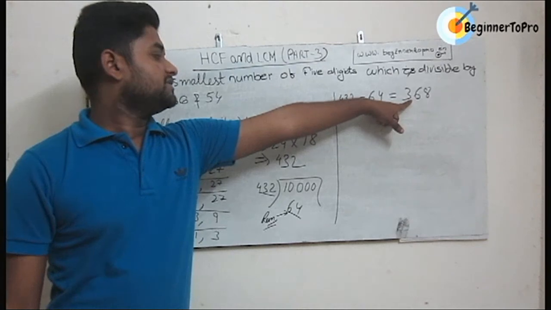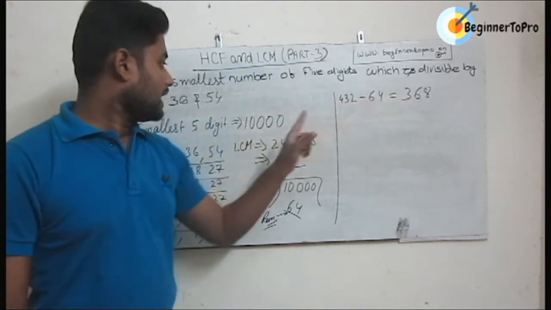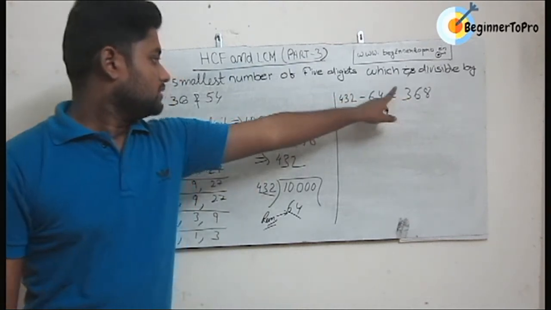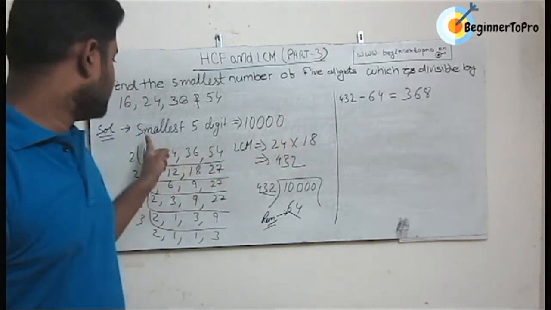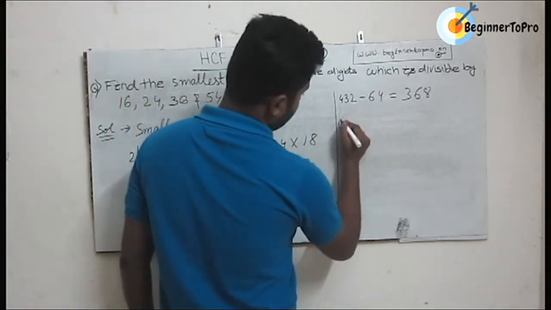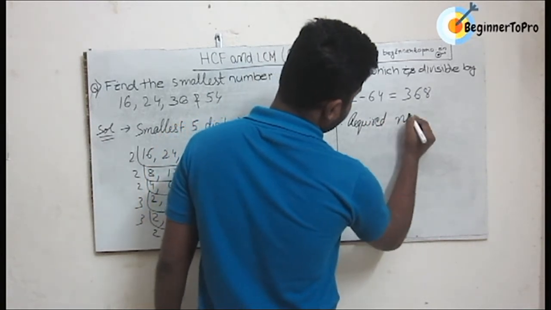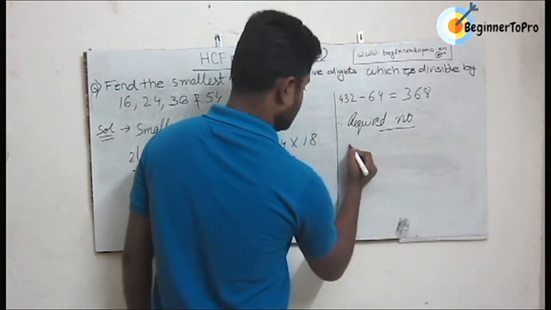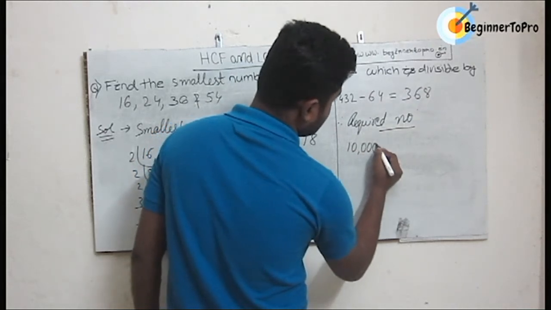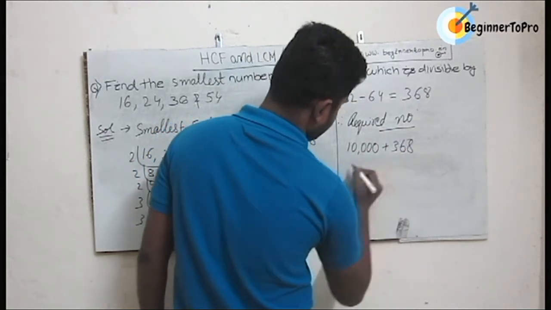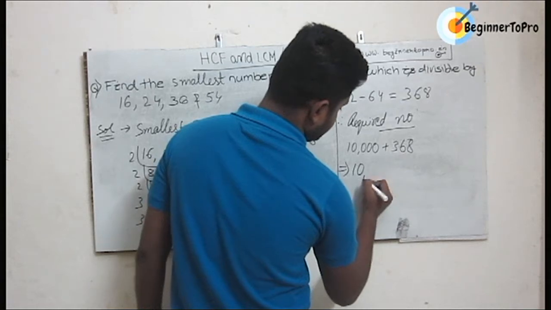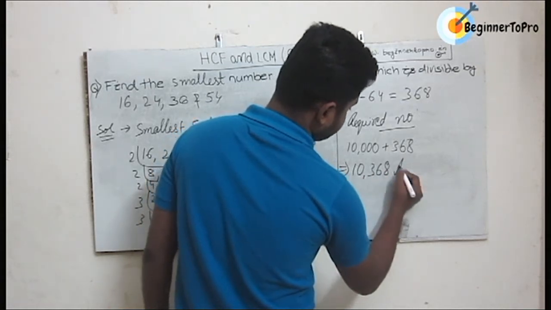Now we will do addition. We will add 368 to 10,000, which is the smallest 5-digit number. So our required number will be 10,000 plus 368, which is equal to 10,368.